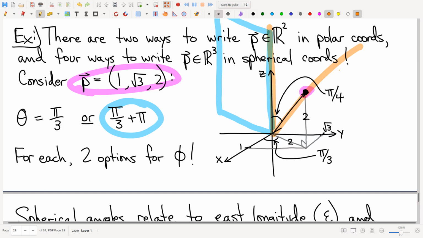What is this in relation to that blue half plane? That's just a negative value of phi. So this 4 pi over 3 for theta, and then a negative pi over 4 for phi gets you pointing in the right direction. And then the rho is the distance. Everybody on board?